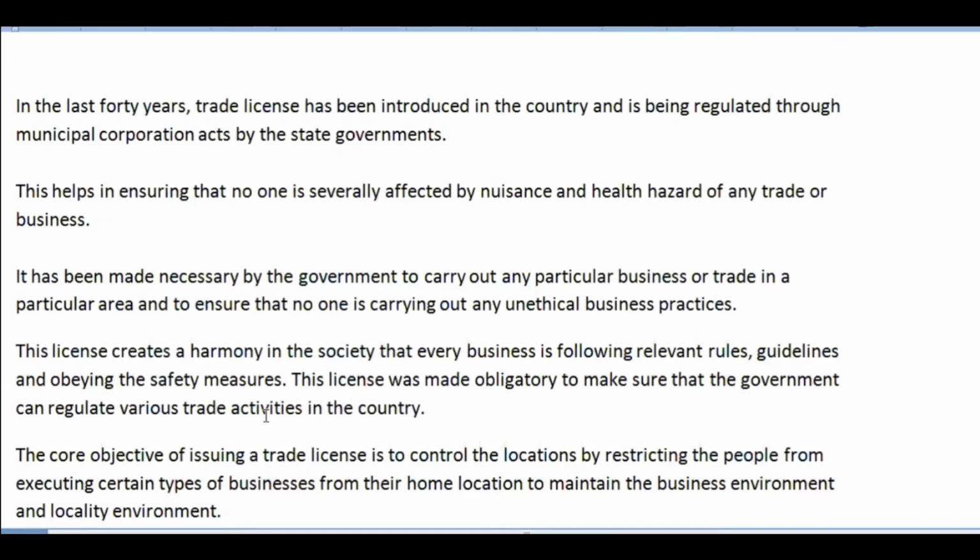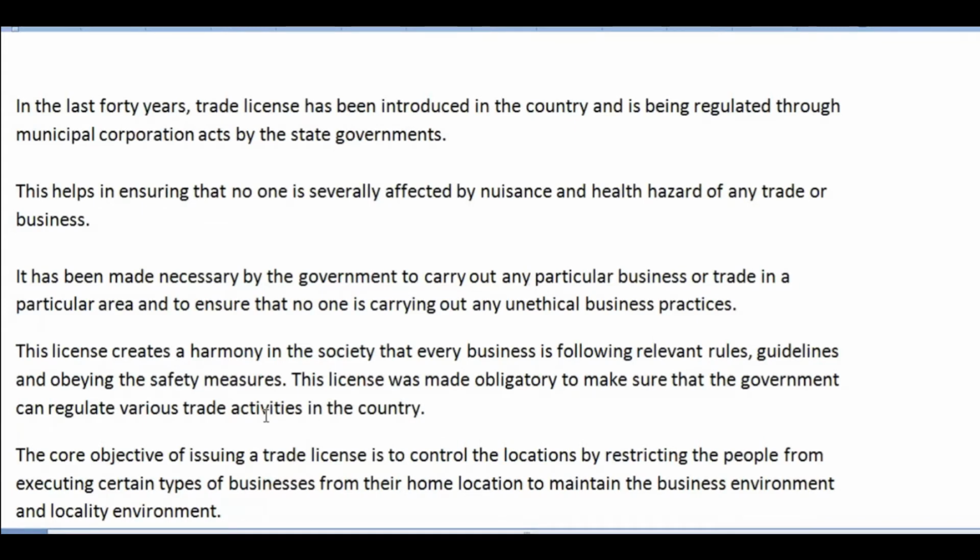This license creates harmony in society as every business follows relevant rules, guidelines and instructions, obeying the safety measures and norms specific to that business. This license was made obligatory to make sure that the government can regulate various trade activities in the country.